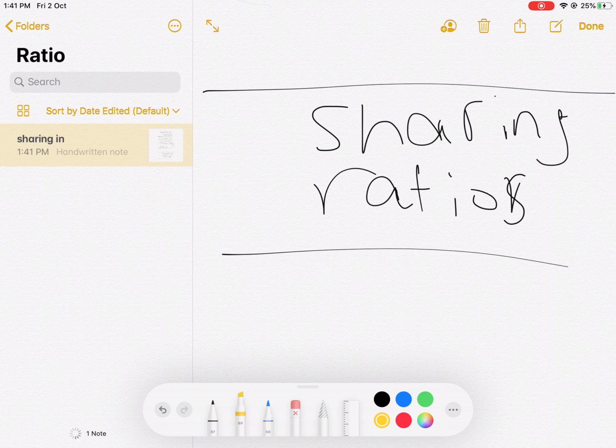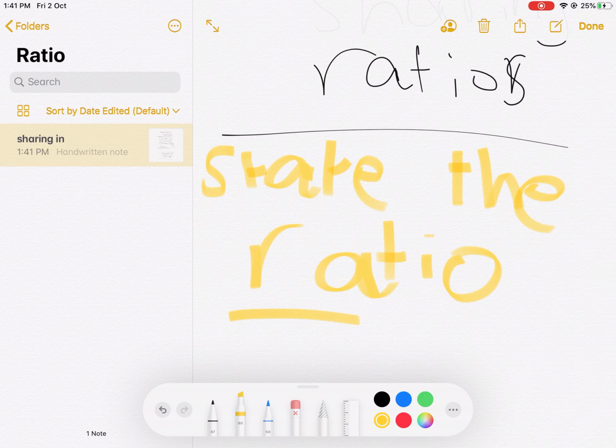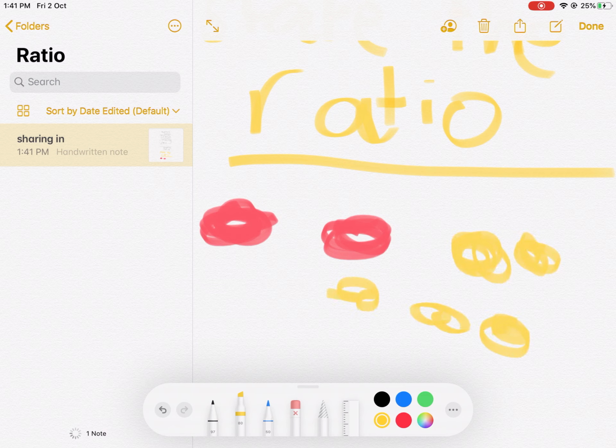So let's start with stating the ratio. If this question comes up, to state the ratio, what does state the ratio mean? It means, basically, if I have two red colors, five yellow, and one green.